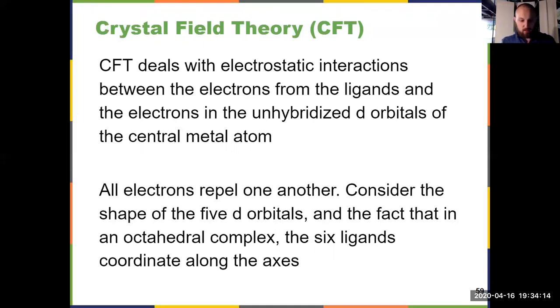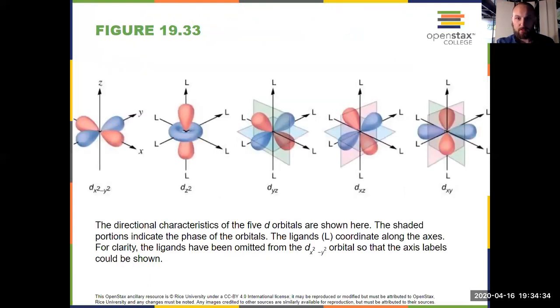Okay? So what we need to think about with crystal field theory is the shape of the d orbitals. The fact that everything that's coordinate 6 is octahedral, and then the 6 ligands that come in to form an octahedral complex. So let's look at the shapes of those d orbitals. It's been a while since we've seen those.